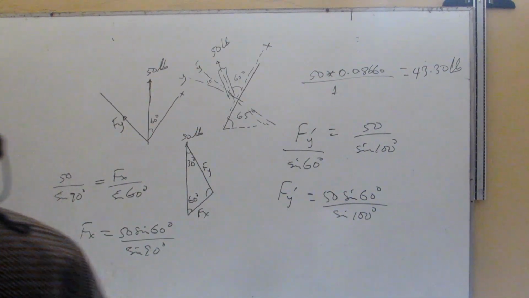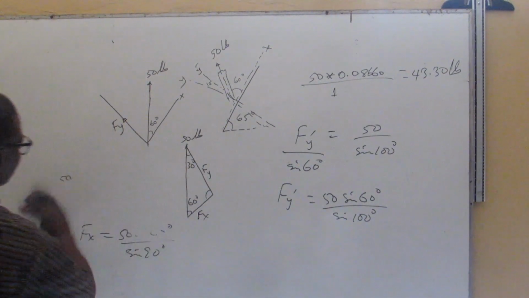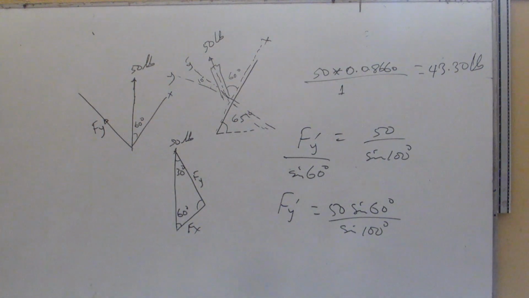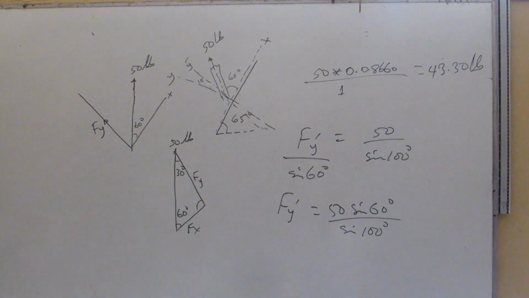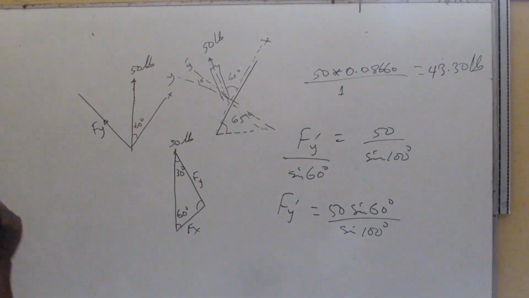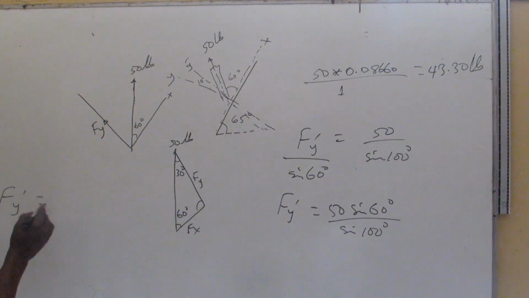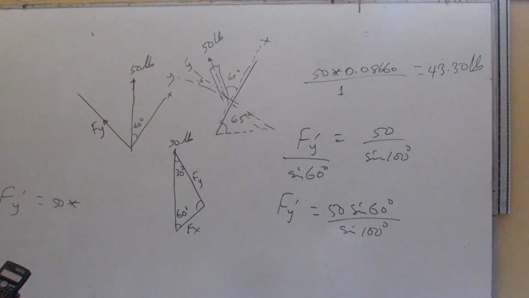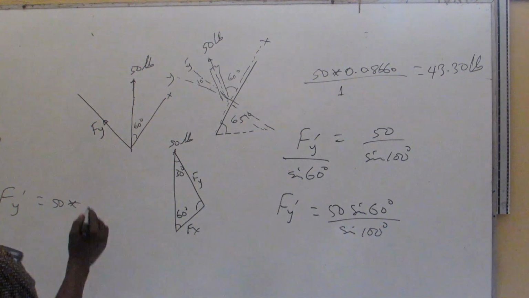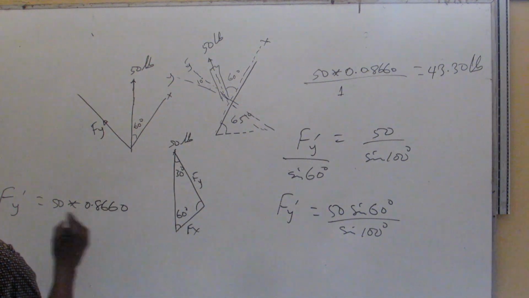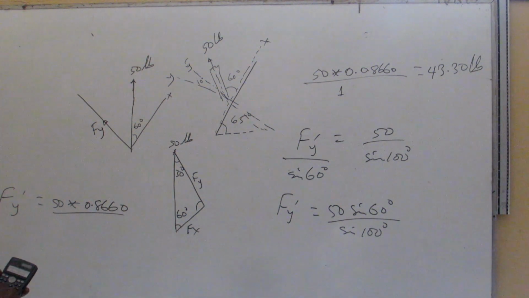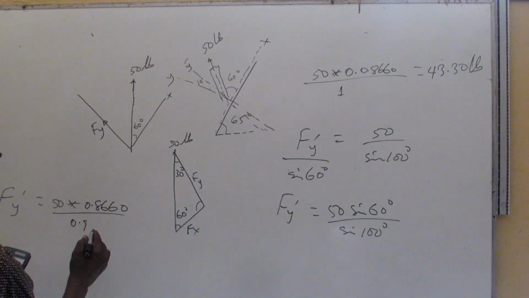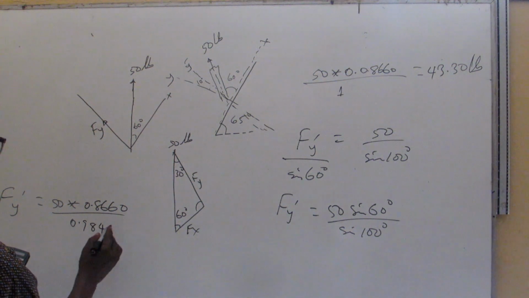Punch our calculators: 50 multiplied by sine 60 degrees, which is 0.8660, all over sine 100 degrees, which is 0.9848.